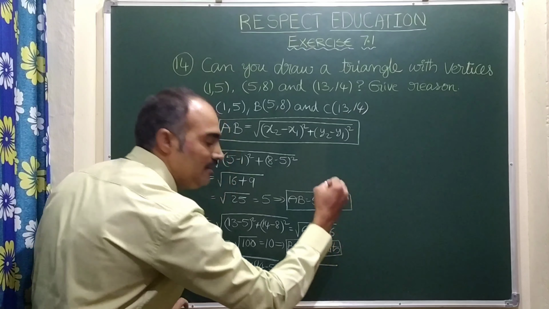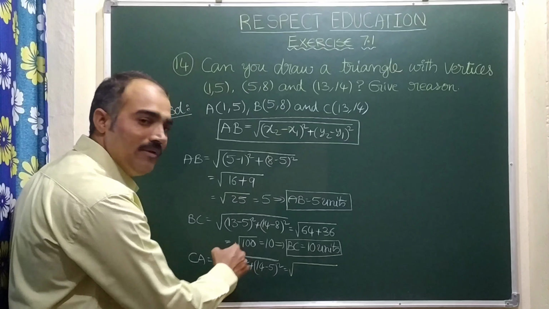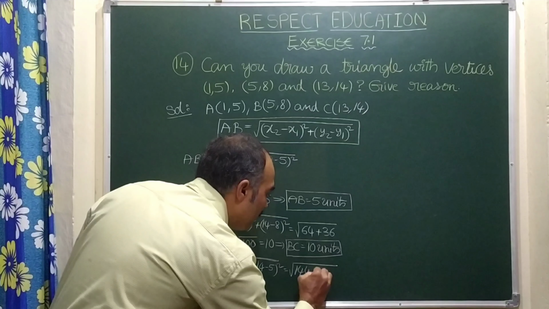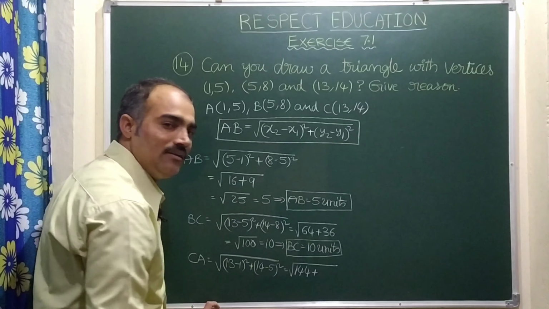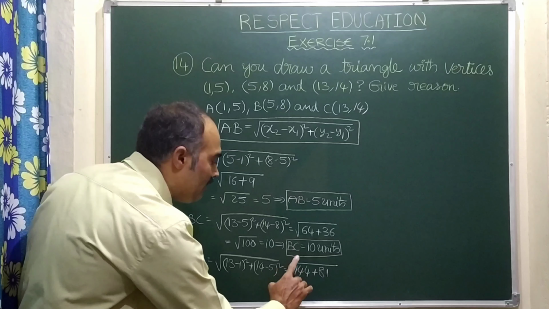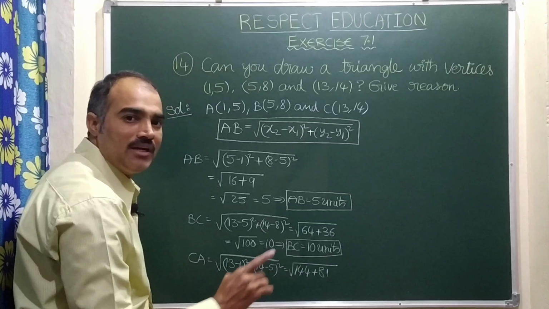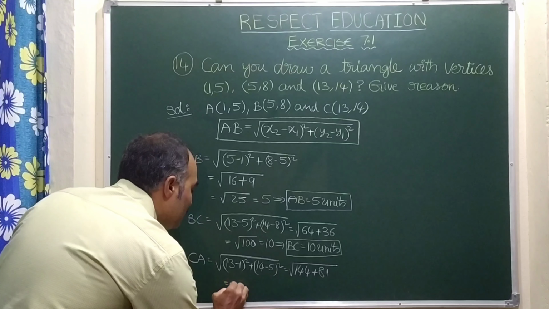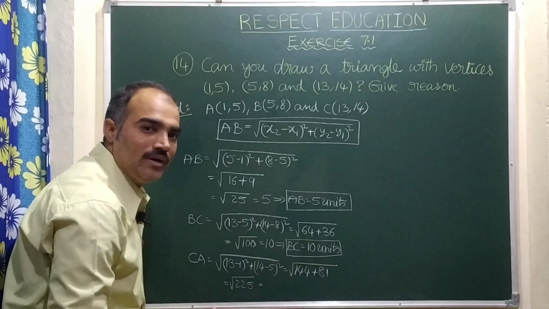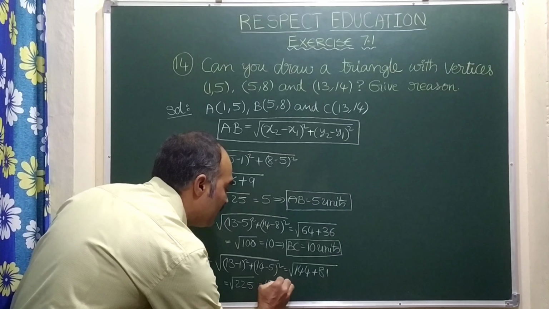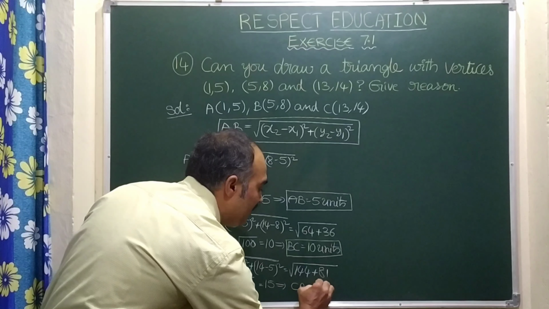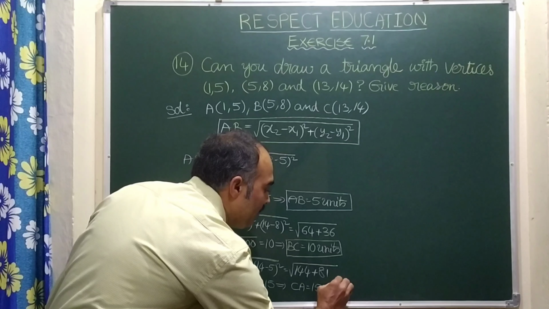On simplification, 13 minus 1 is 12, 12 square is 144, plus 14 minus 5 is 9, 9 square is 81. On adding 144 and 81 we get 225. So this is under root 225, which is nothing but 15. So the distance from C to A is 15 units.